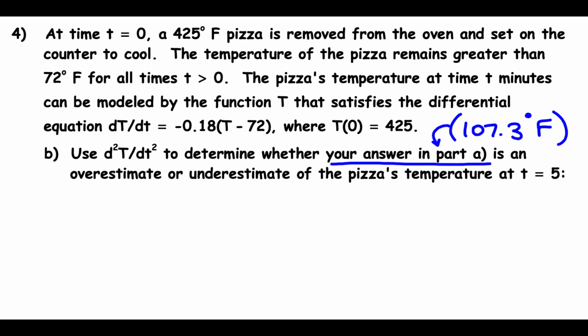Okay. Well, let's find the second derivative. The second derivative is the derivative's derivative. So let me take this down, and I'll take its derivative. First, I'm going to kind of just think outside the box. This is going to be negative 0.18t plus some number I don't care about because its derivative will be 0.